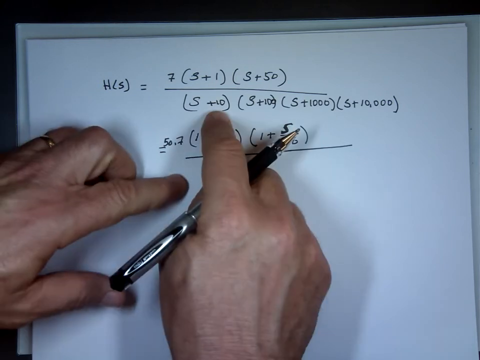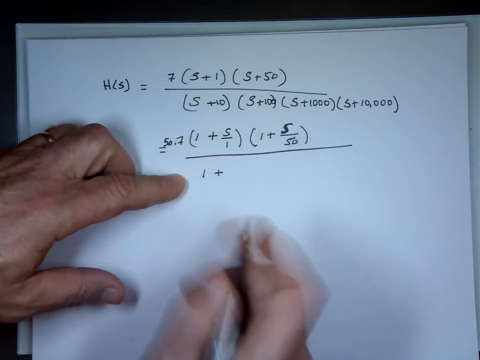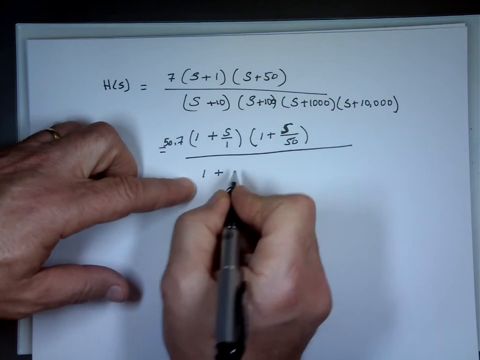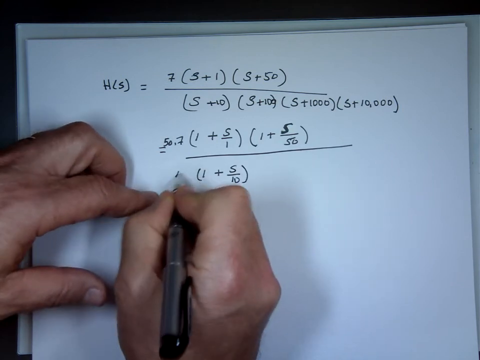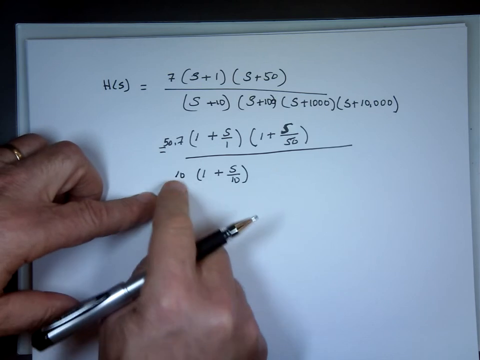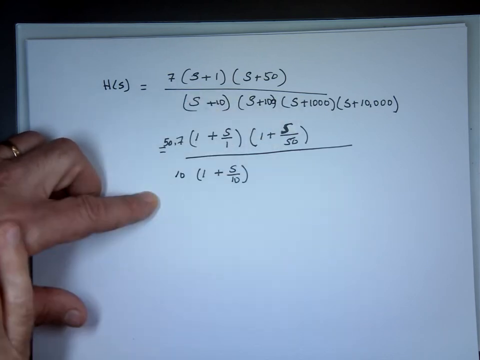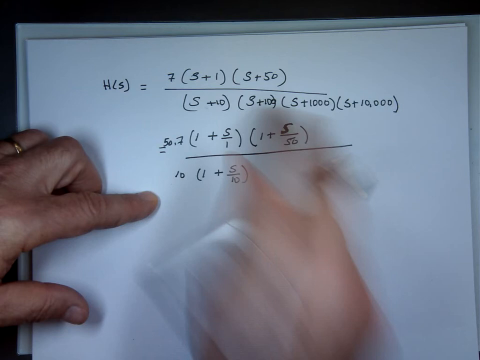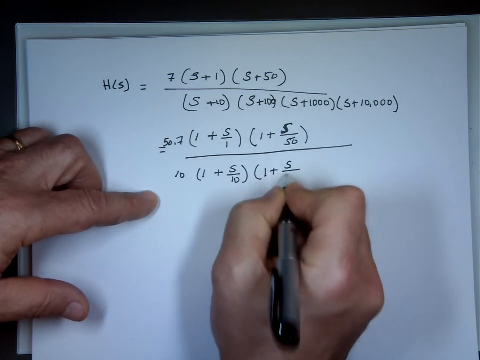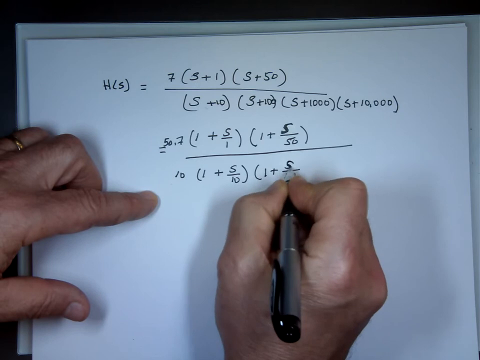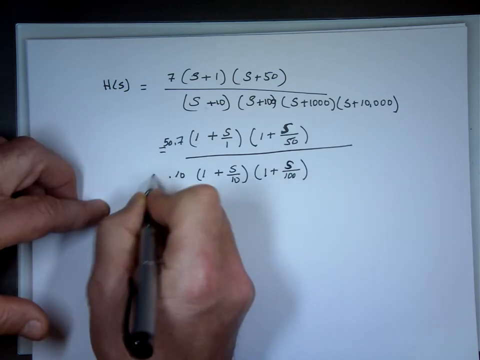Now let's look at this. I'm going to divide everything by 10. That'd be 1 plus S over 10. That means I got to multiply this by 10. 10 times 1 is 10 plus S. That's this one. I'm going to divide by 100. That means I got to multiply by 100 in the front here.